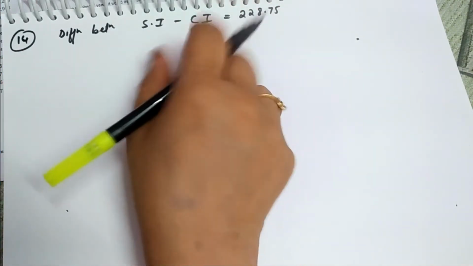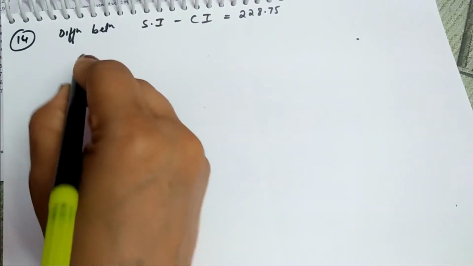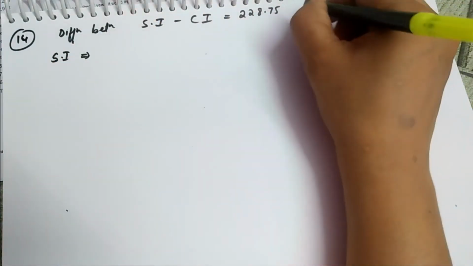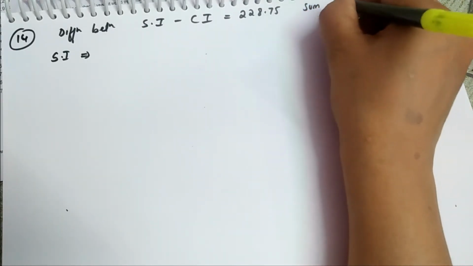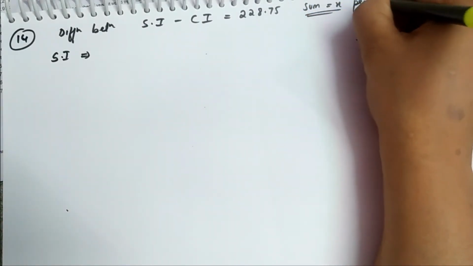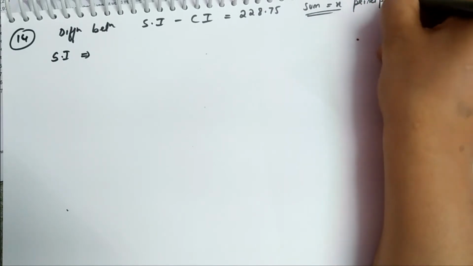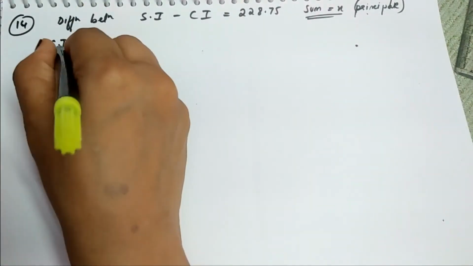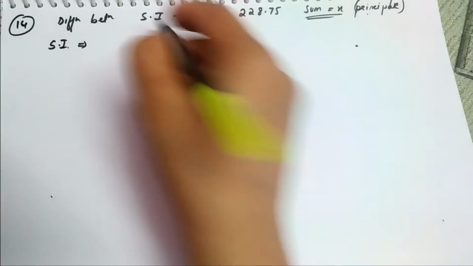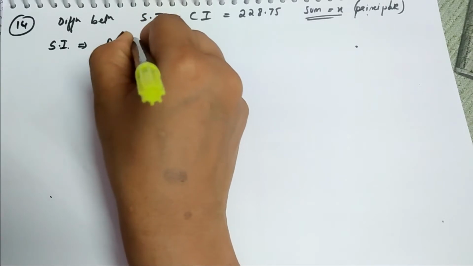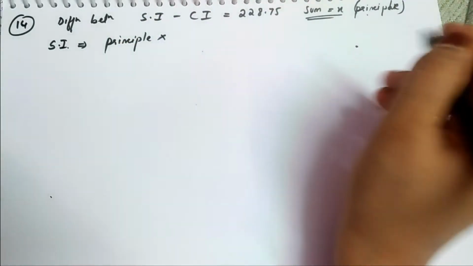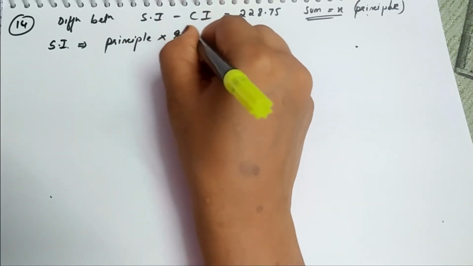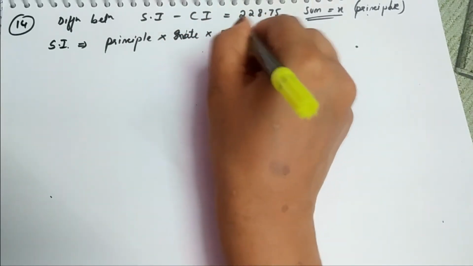Now what we are doing, we'll be writing simple interest. We are taking that sum, the principal amount, as x. Simple interest in general terms is principal amount into the interest rate into the number of years.